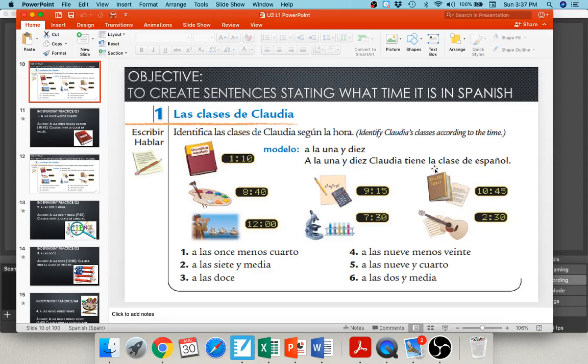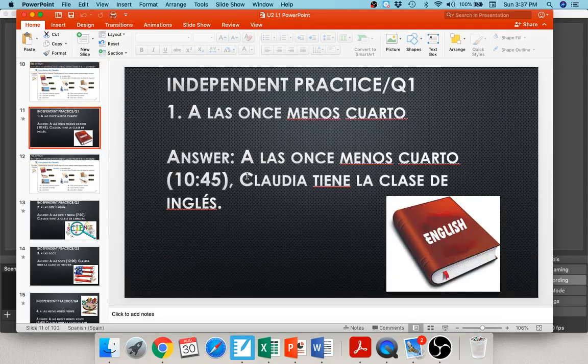We know we have the class of English. So in our sentence, we're going to say, a las 11 menos cuarto, at 11 minus 15, Claudia tiene la clase de inglés. A las 11 menos cuarto, Claudia tiene la clase de inglés.